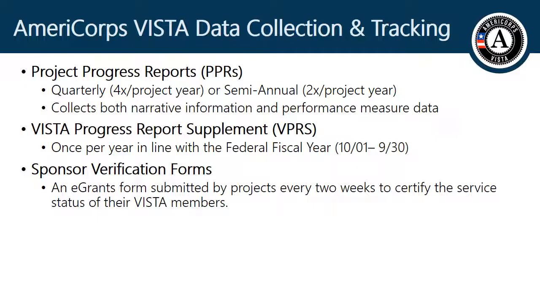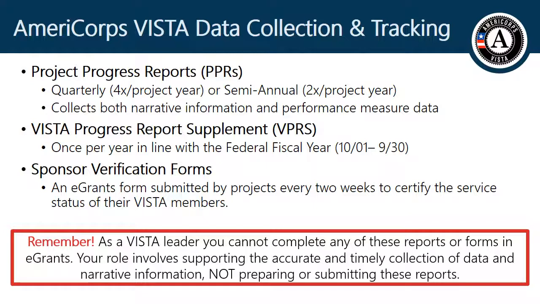Once per year in the fall, every VISTA project must also submit a VISTA Progress Report supplement. The VPRS aligns with the federal fiscal year, not the project year, and collects only performance measure data. All VISTA projects report on the same data in the VPRS, which allows CNCS to tell the story of Americorps VISTA impact across the country during the previous federal fiscal year.